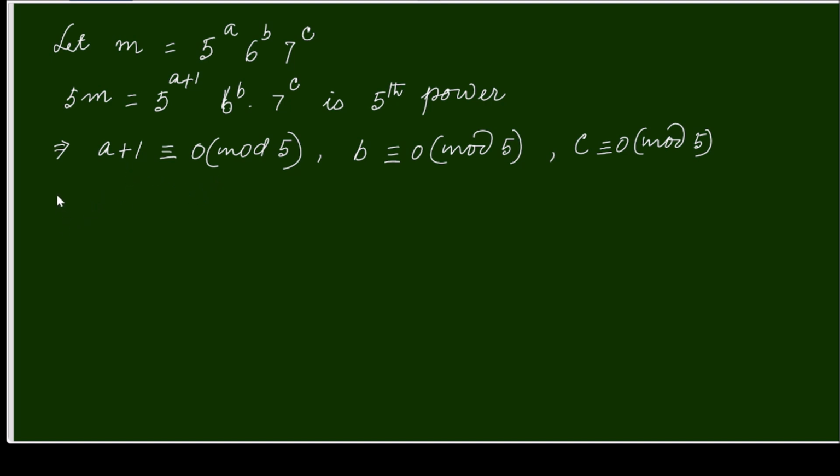Now, given that 6 times m will be 5 power a, 6 power b plus 1, and 7 power c, is a sixth power.